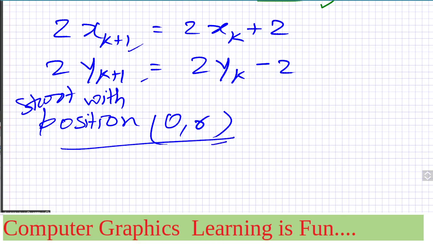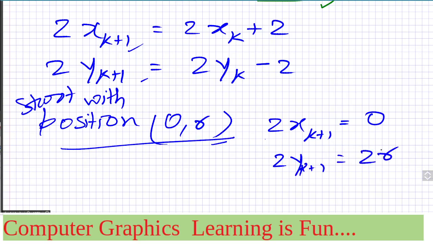At the starting position the value of these two terms will be 2xk plus 1 is 0 and 2r, right? Okay. Now this is the story of a start, okay?